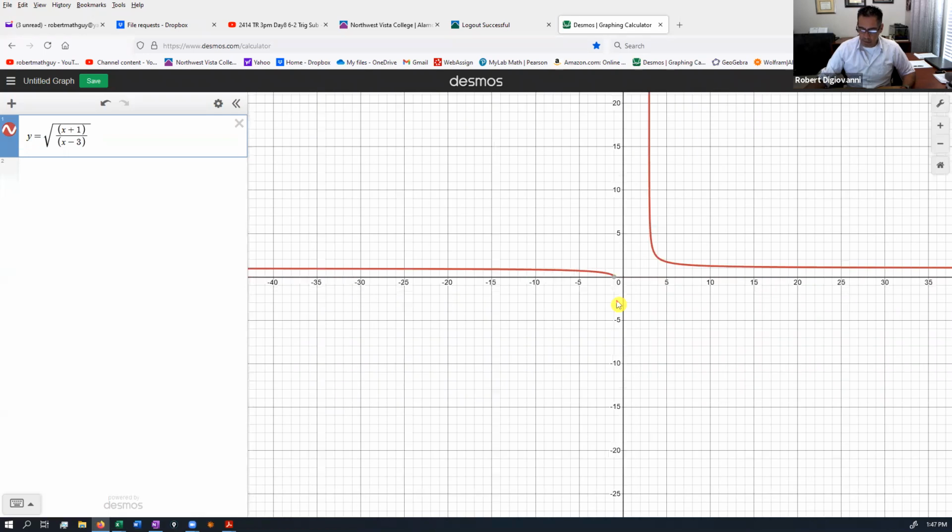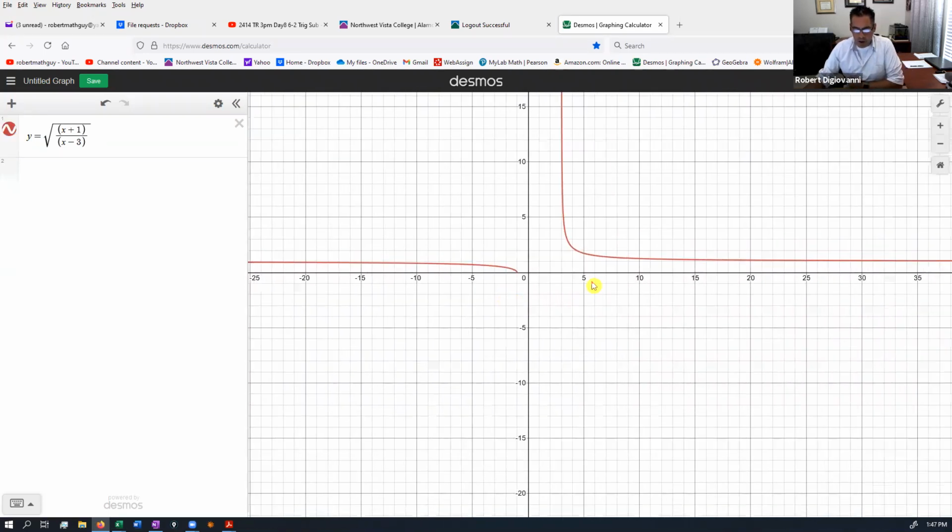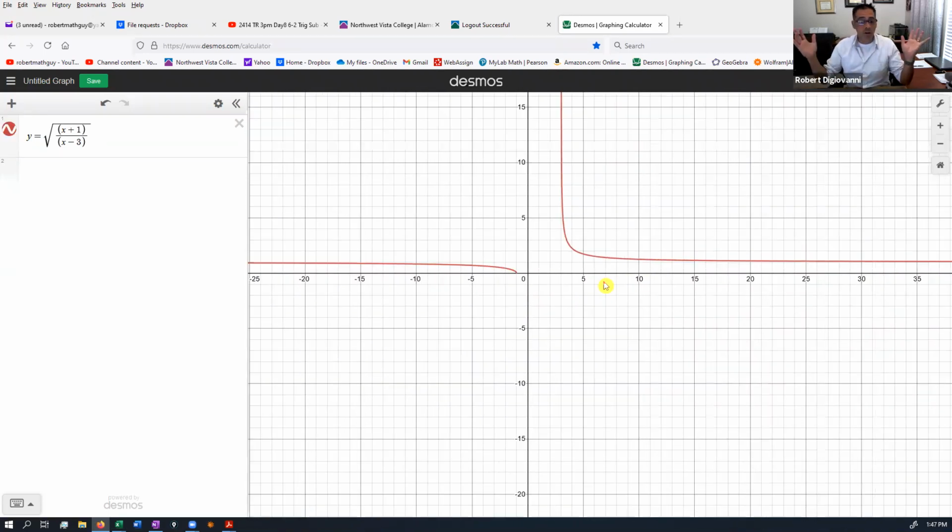There we go. So no matter where you look on this graph, you're never going to find a flat tangent line. Every tangent line that you ever see is going to have some little slope to it. It might be really close to flat, but it'll never be completely flat. Guaranteed. You'll see that no matter what.